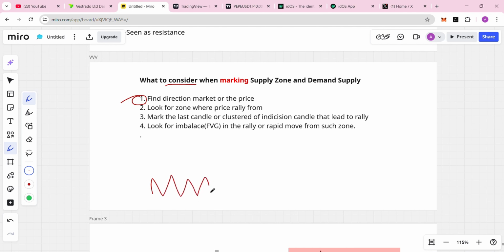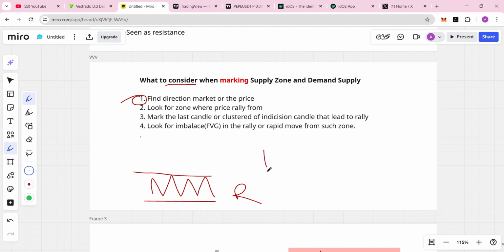If the market is in a ranging market, that means that market is moving within a range. You understand? It is moving back and forth within a range. So you can still find demand and supply in a range. Then is the market trending?